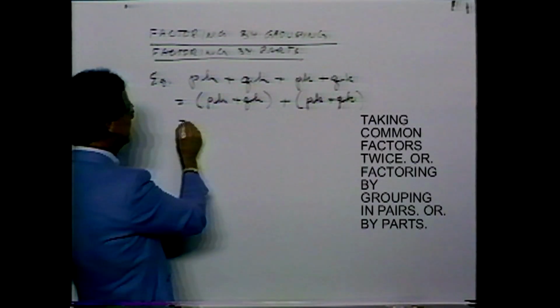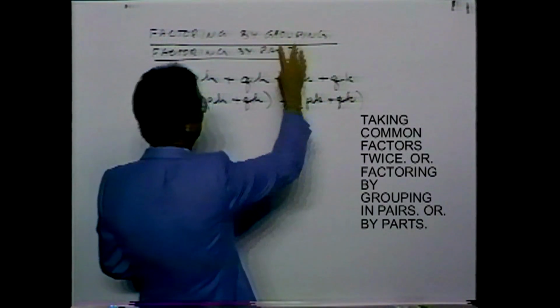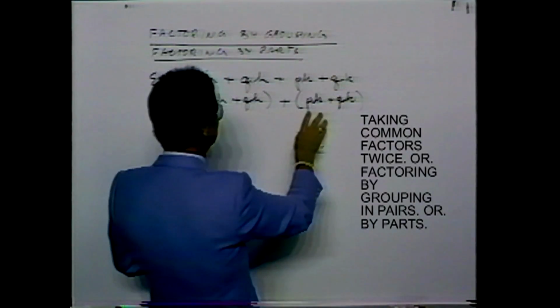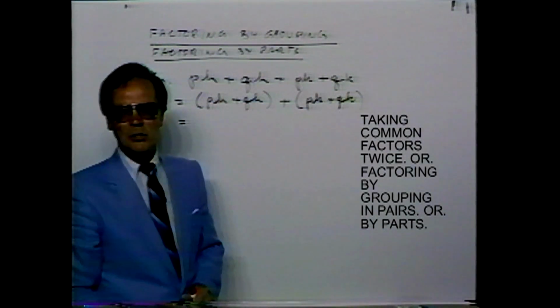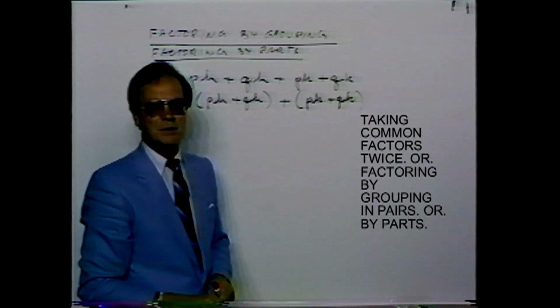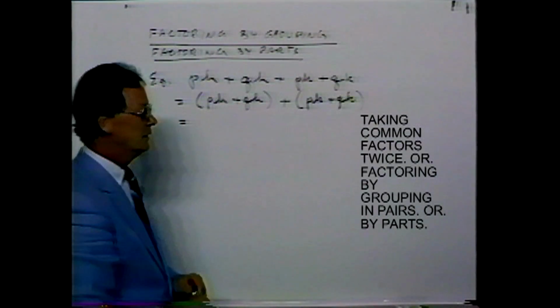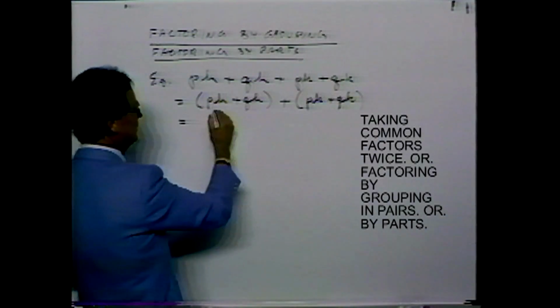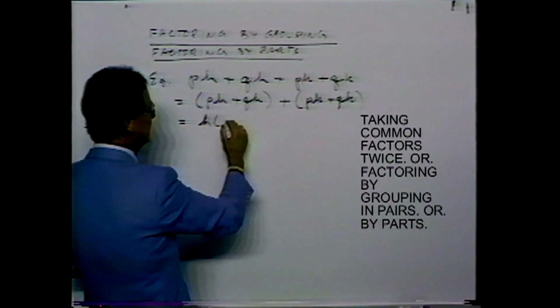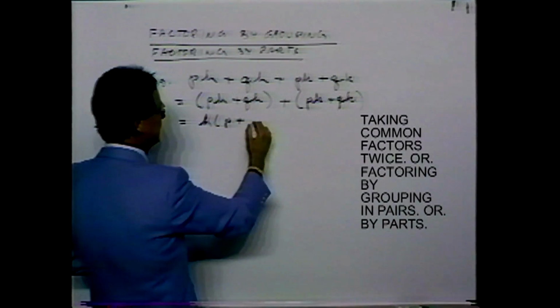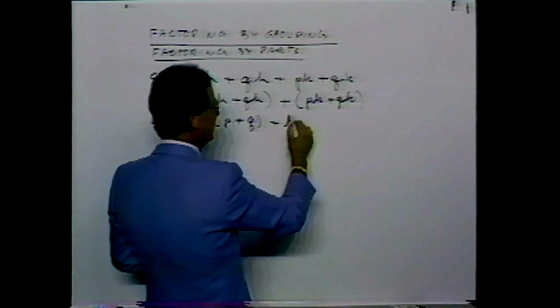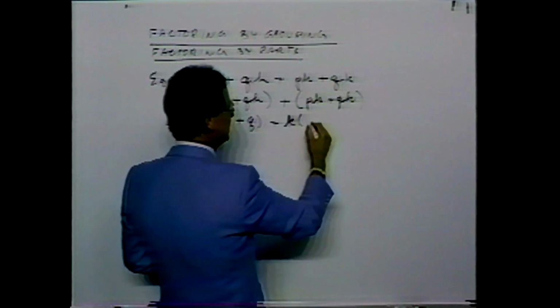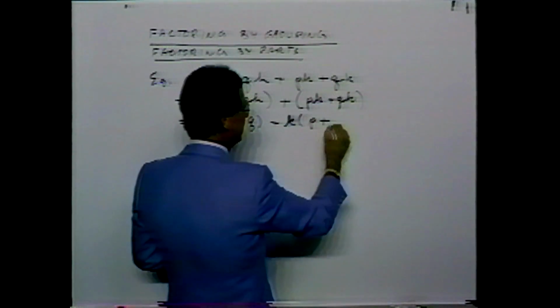So now, this is what we mean by factoring in terms of grouping. Grouping will identify familiar factoring types within the expression. Now, let's take the common factor h out of this part, which leaves p plus q. Take out the common factor k from this expression and write p plus q.